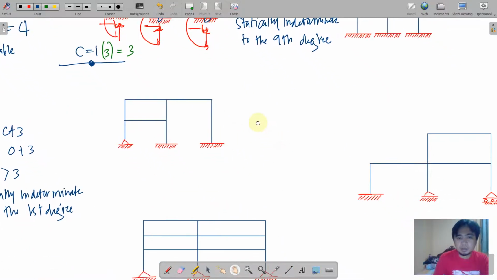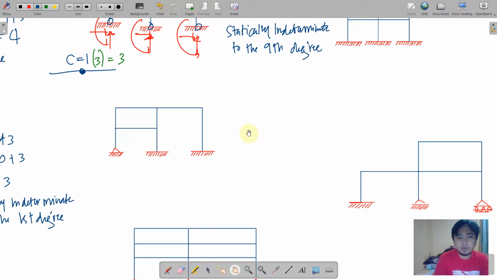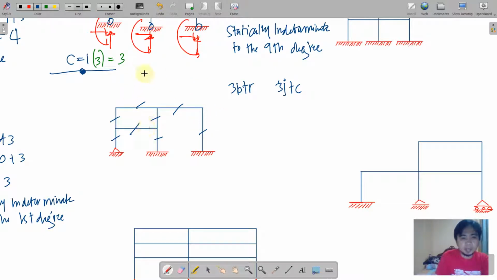Okay, so moving on, another frame here. So we use the same criteria, 3B plus R, 3J plus C. So let us count the number of bars. 1, 2, 3, 4, 5, 6, 7, 8. So there are 8 bars here.